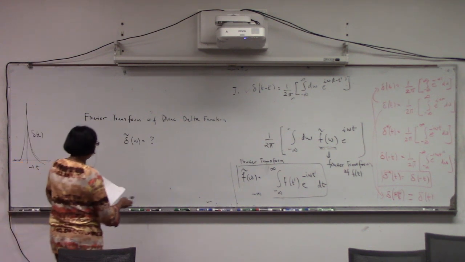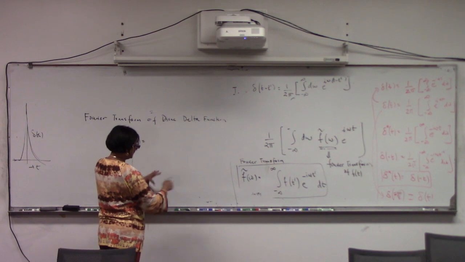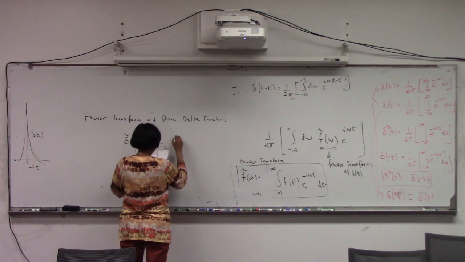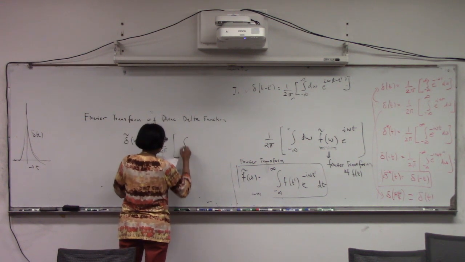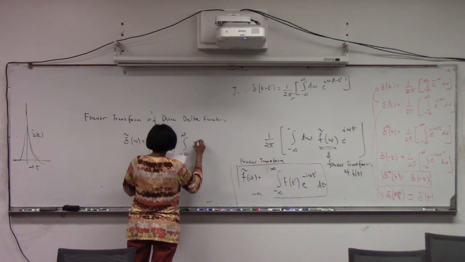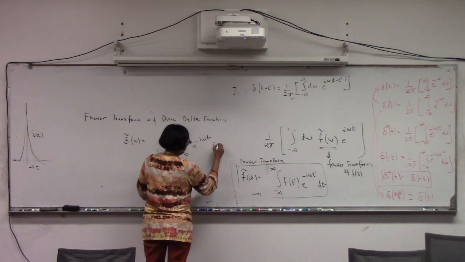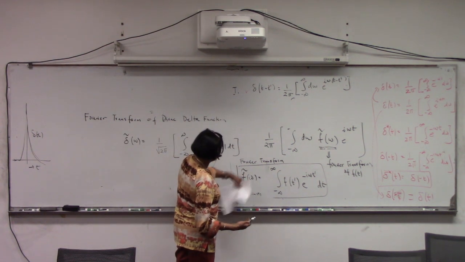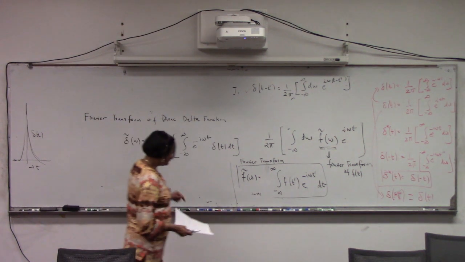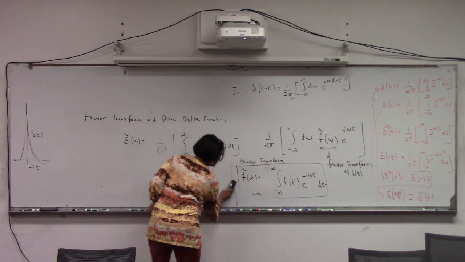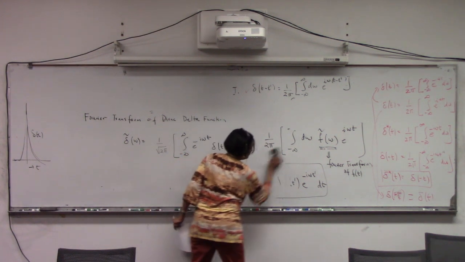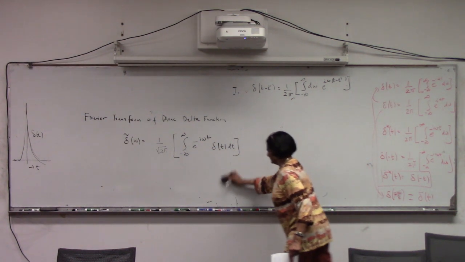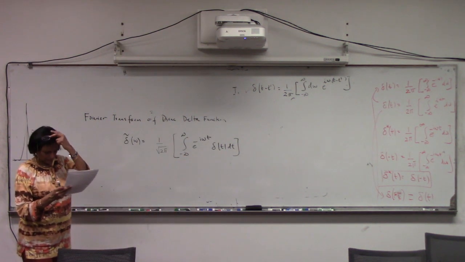So I'm going to apply the Fourier transform definition. I distribute this 1 over square root of 2 pi, integral from minus infinity to plus infinity, exponential of I omega t, as for any function.